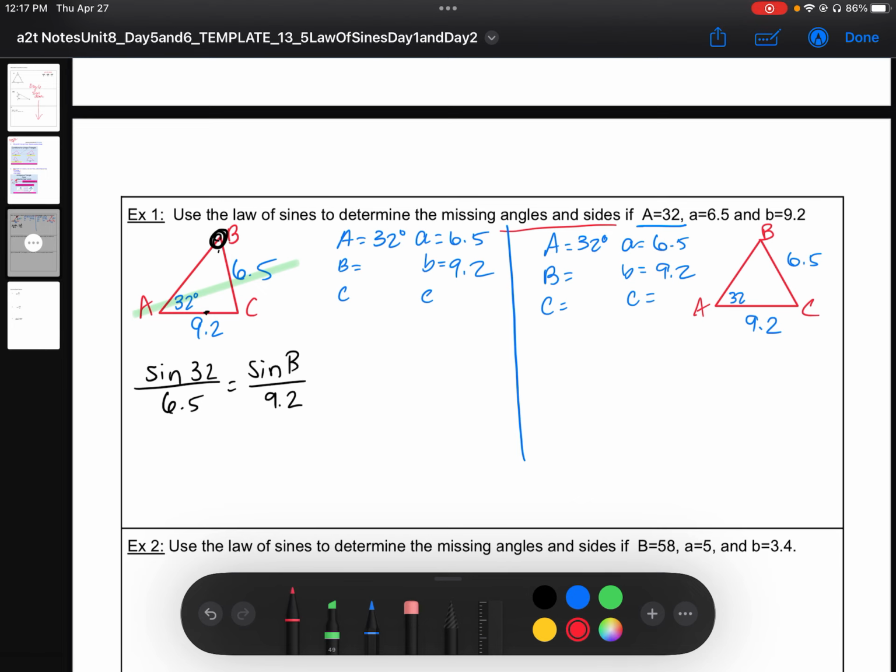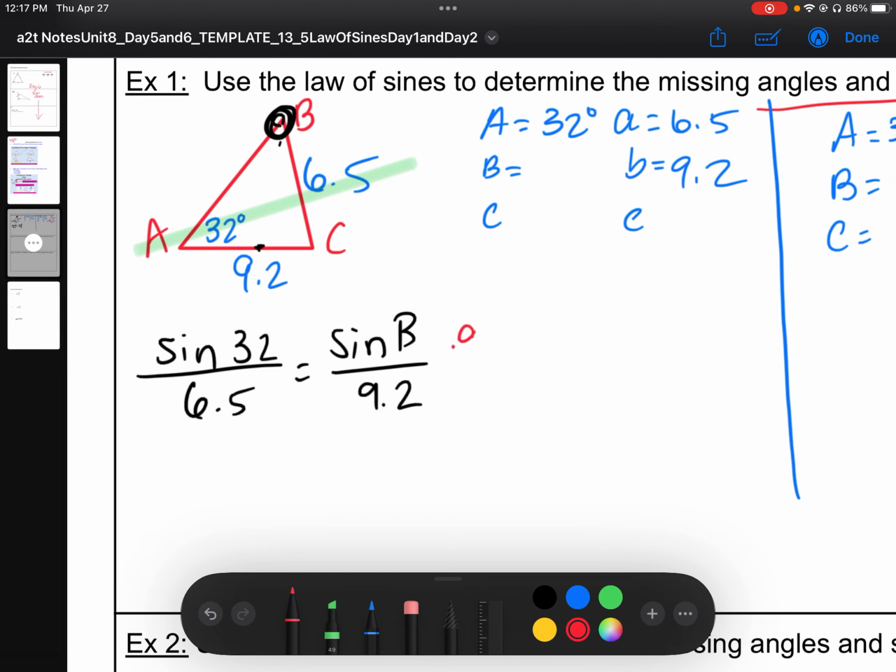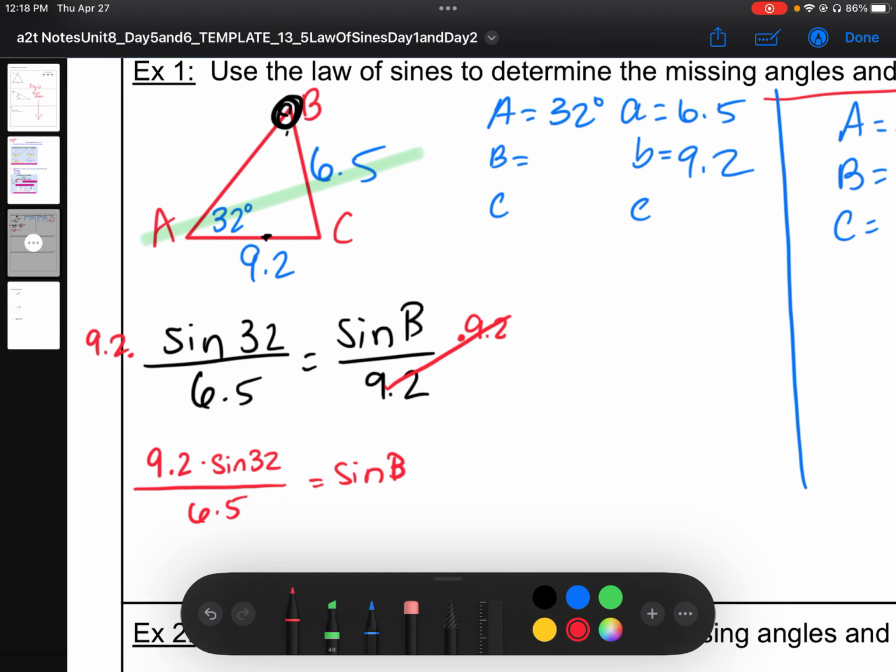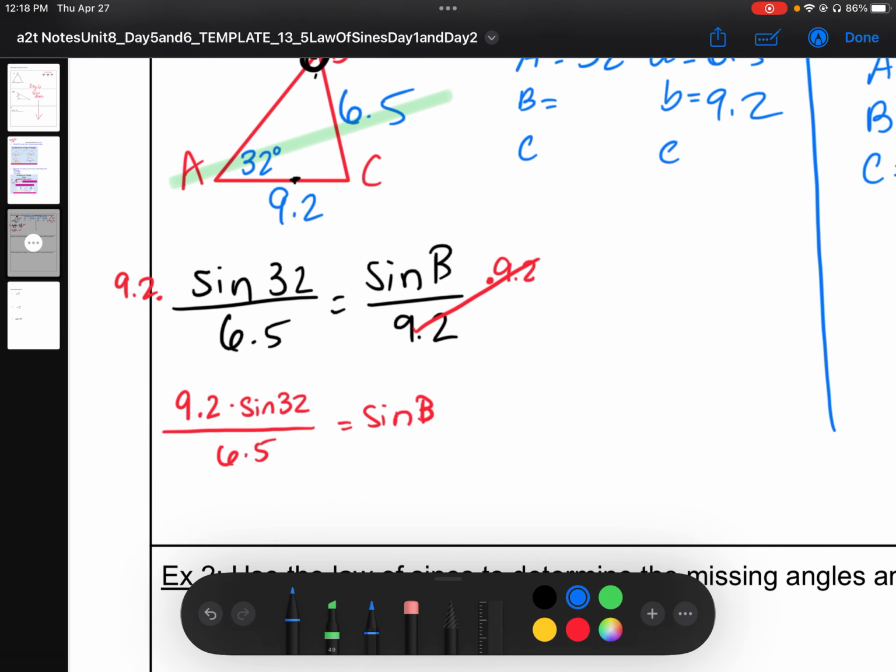Okay. Now, rather than cross multiplying, I can get 9.2 out of the denominator through multiplication. So I'll do that on both sides. So I've got 9.2 times sine 32 divided by 6.5 equals sine of angle B. Now we talked a little bit last class how sine and B here are connected.